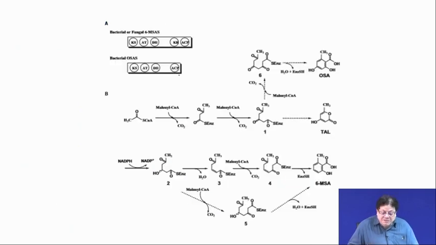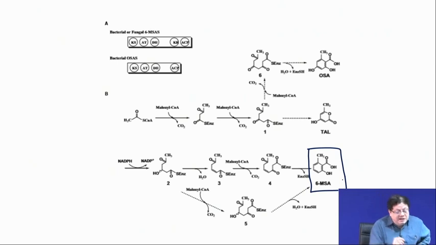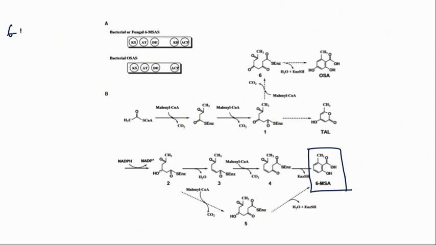Now, let us take a very simple compound to start with. Suppose we start with this compound, 6-methyl salicylic acid, that is a natural product. It is one of the simplest polyketides. What is the structure?